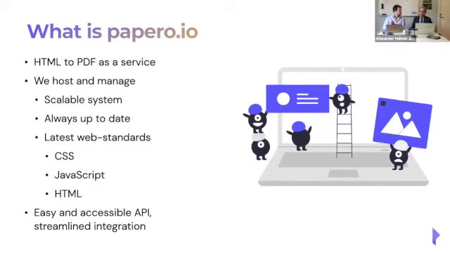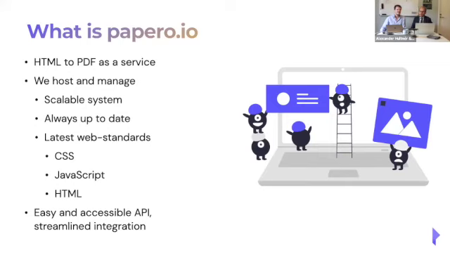Yeah, and that's what's really nice, that everything that basically works in your browser will work with Papero as well. So you're not limited to some ancient version of HTML or held back by no support for JavaScript or some strange CSS engine or an old fork of WebKit, which some services use.